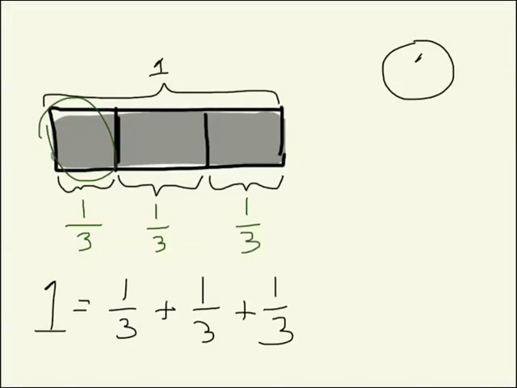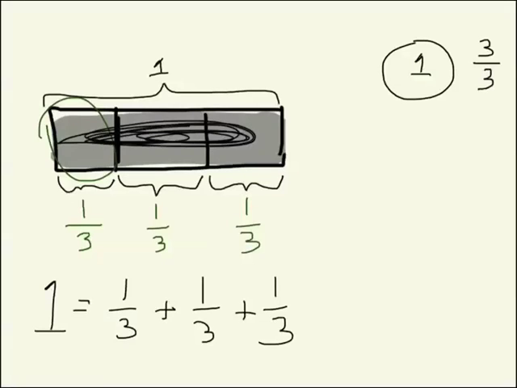Here's my 1. And remember, 1 in this case is equal to 3/3. I have all 3 parts over here shaded. So all the thirds are shaded, and that's really equaling the whole.